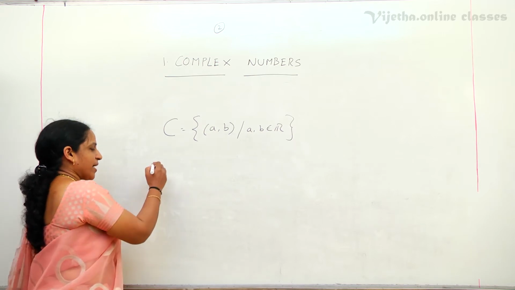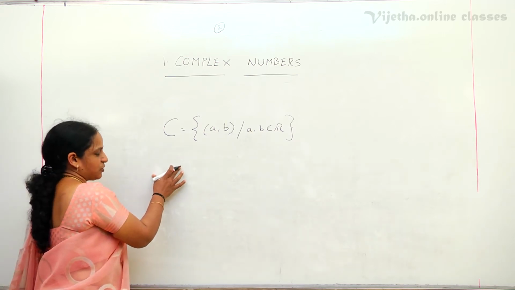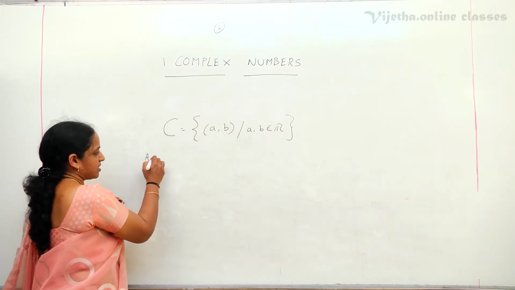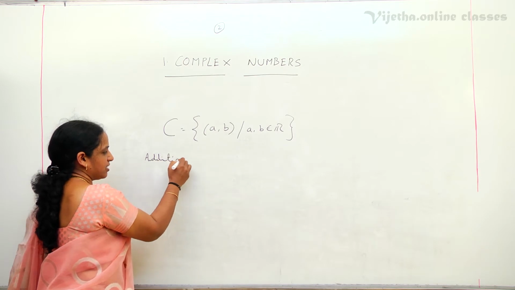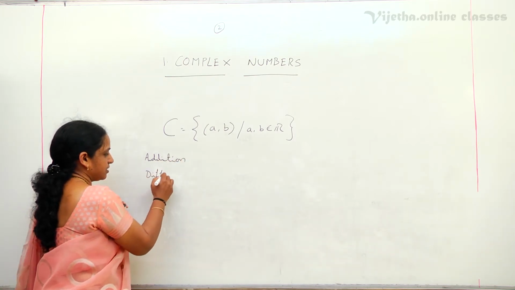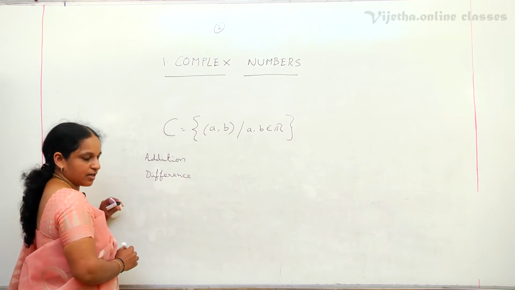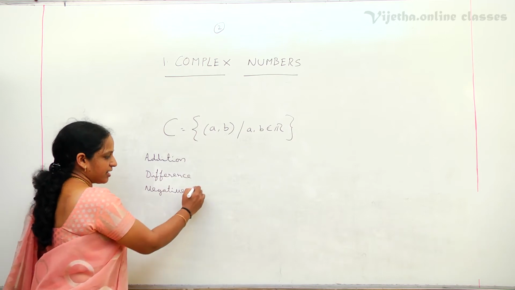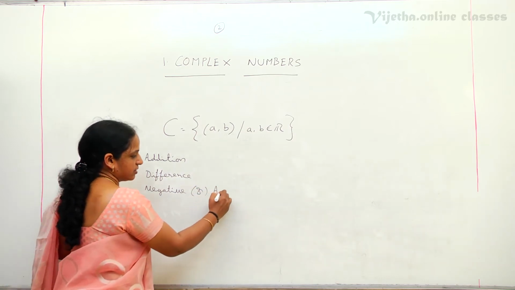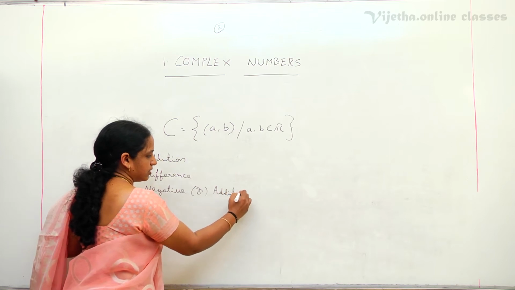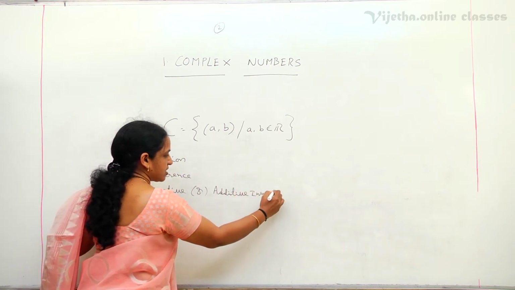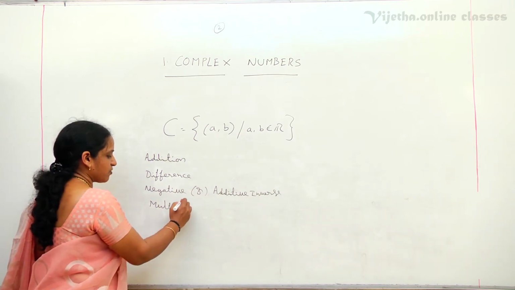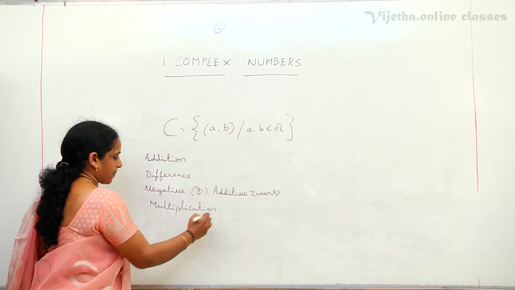In that, the main definitions are addition of two complex numbers or subtraction, that means the difference of the complex numbers. Addition, difference, and negative of a complex number, which is also called the additive inverse. Next, multiplication of complex numbers and conjugate.